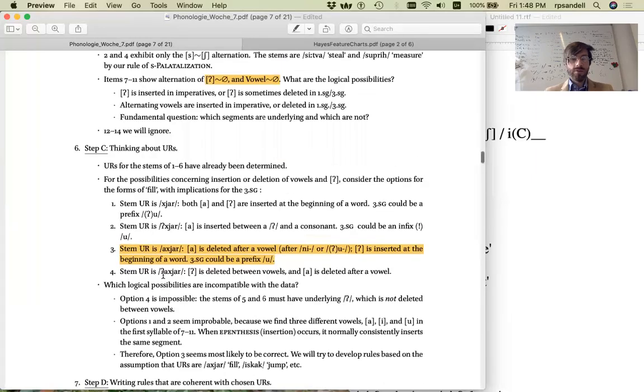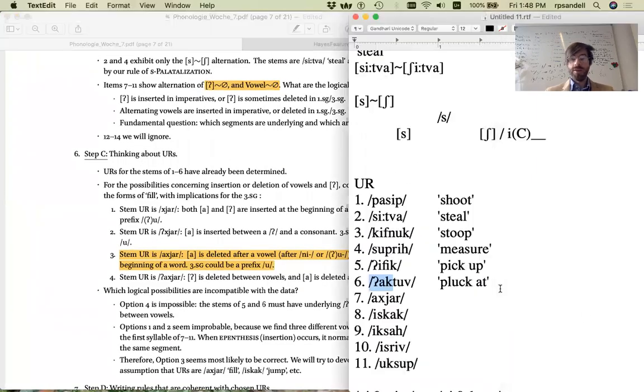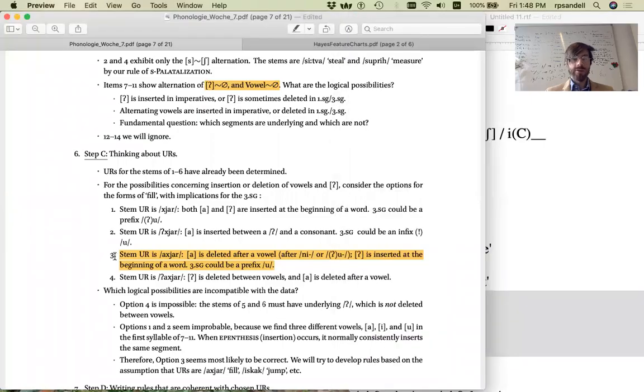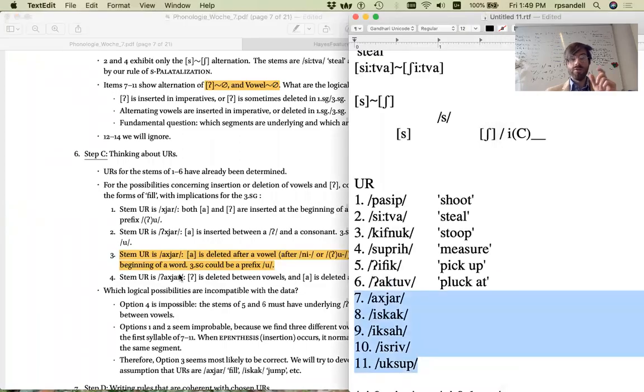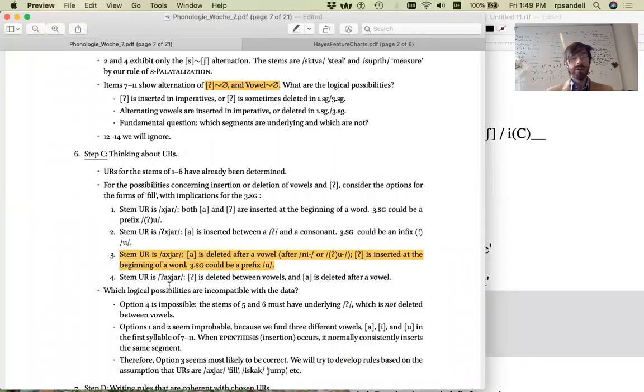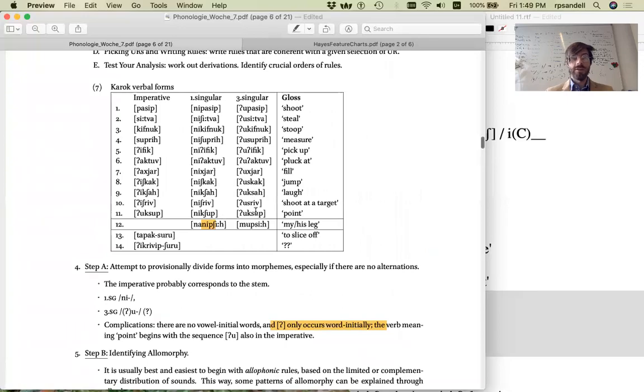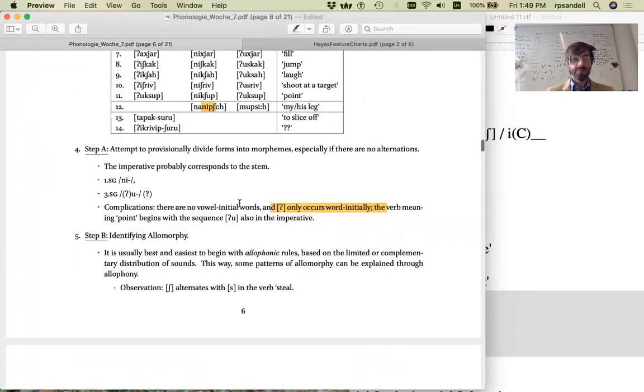In order to operate from these underlying forms, we will then need 2 rules, as already suggested in row number 3. We need a process that will insert a glottal stop at the beginning of a word, and we'll need a process that will delete vowels when 2 vowels are next to each other in order to generate the first singular and the third singular forms.